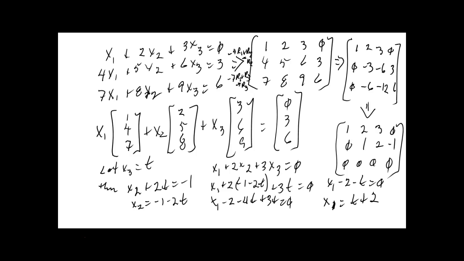Wait, I'm sorry. If t is equal to 0, then x3 would equal 0, and that would be 2, -1, 0. I was going to say 0, 0, 0. And that would be your answer.